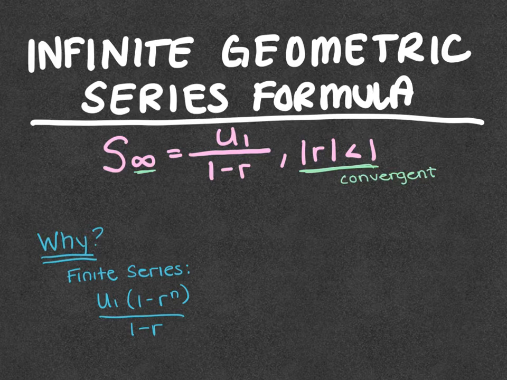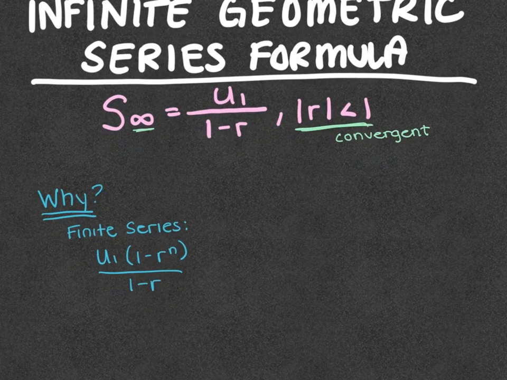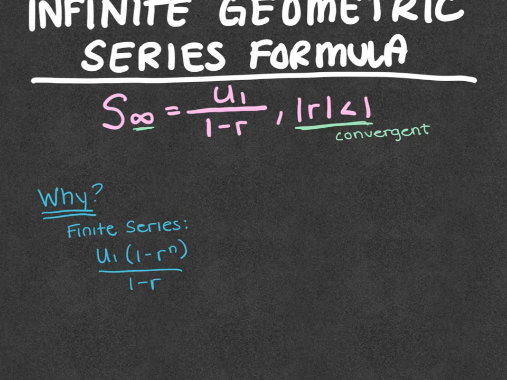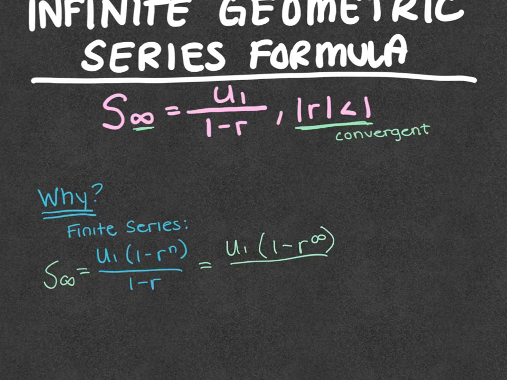And the reason why this formula works, if we look at our finite series, right, this was the series we came up with for regular geometric series, then if I plugged in infinity, so if I wanted to find S infinity, I would get U1 times (1 minus r to the infinity) over 1 minus r. And remember that in this case, r would be a fractional amount, right?